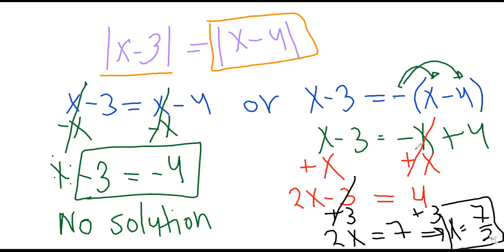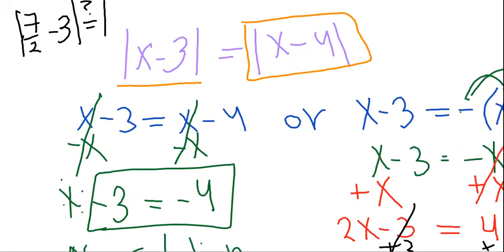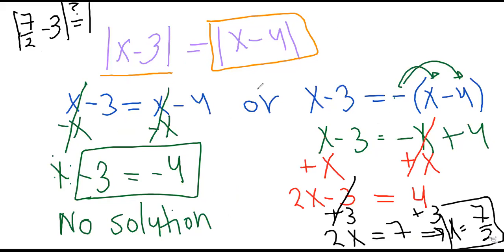Let's check if 7 over 2 is a solution. How? I will replace each x by 7 over 2. So I'm going to write the absolute value of 7 over 2 minus 3. And I'll ask myself, is that the same as the absolute value of 7 over 2 minus 4?